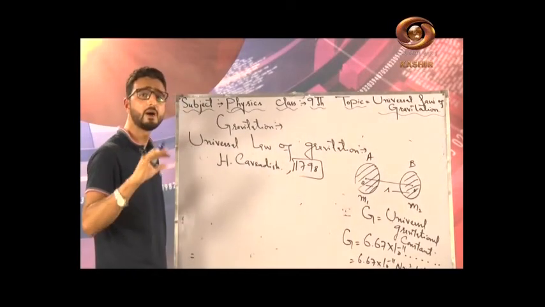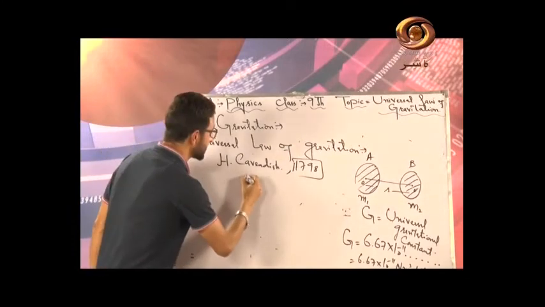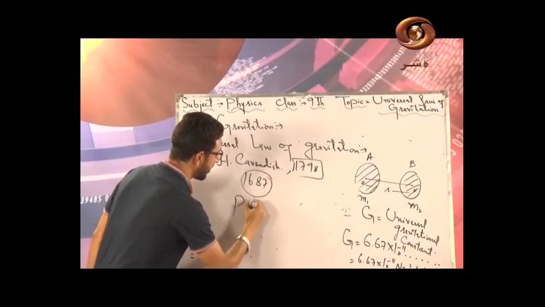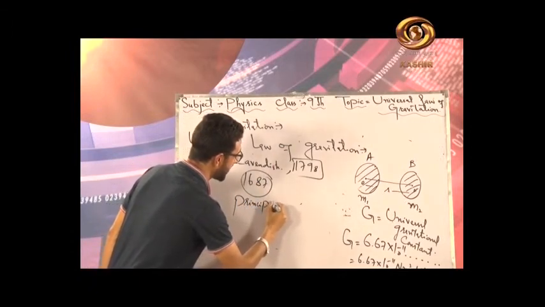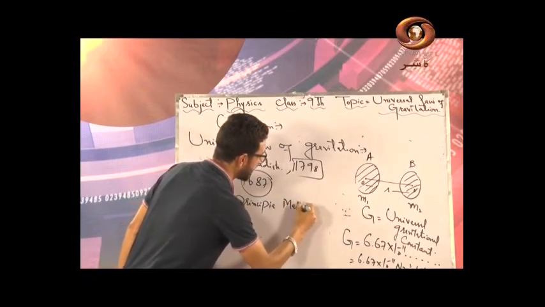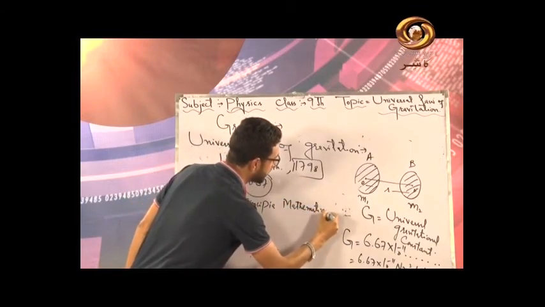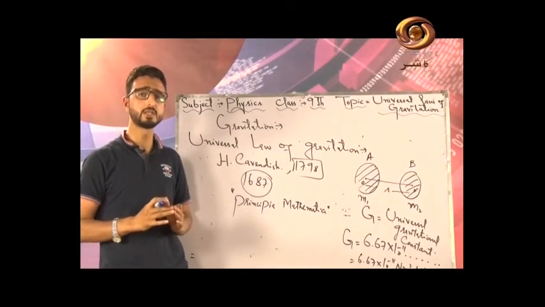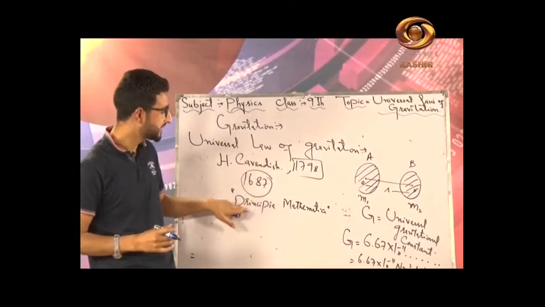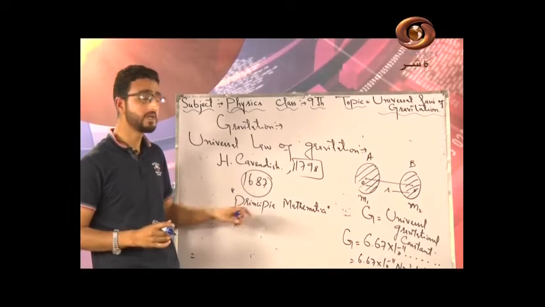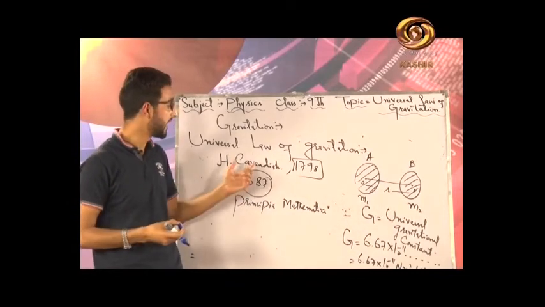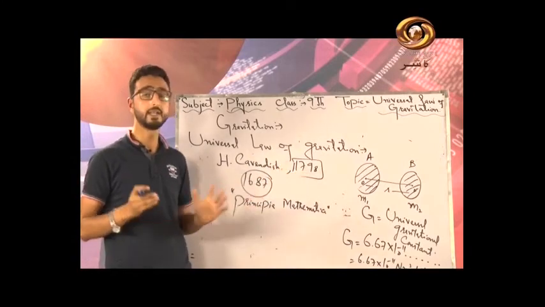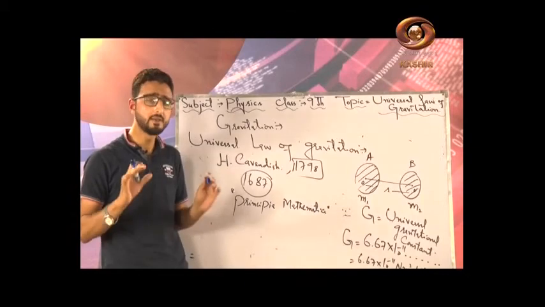And this universal law of gravitation, if you remember, was first published in 1687 in a book called Principia Mathematica, or you can simply call it Principia. This famous universal law was published in the Principia book. So Henry Cavendish gave the experimental value of G in 1798 with the help of the torsion balance experiment.